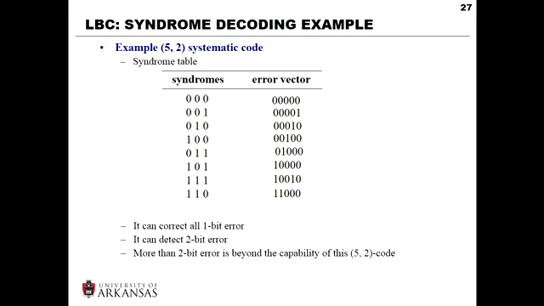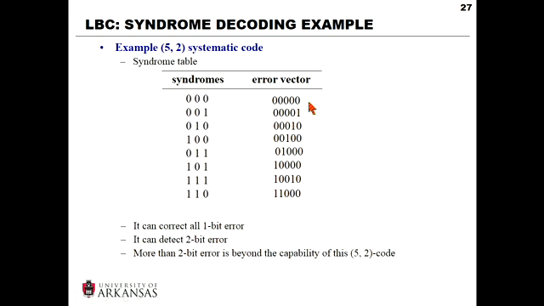For syndrome decoding, usually what we do is write a syndrome table, and then when we implement our code or design our system, we just compare against the syndrome table and figure out what the errors are. That's exactly what we did in the previous slide.